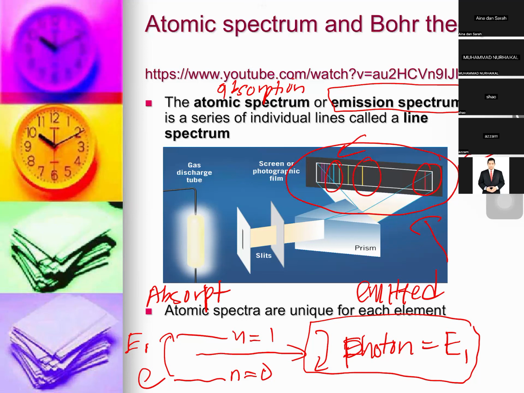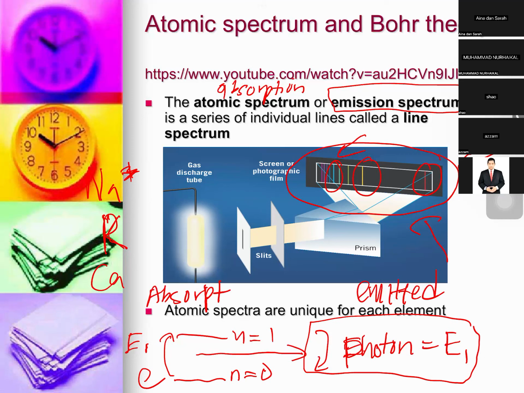So why is this important? Because these lines are unique to each element. For example, if you have sodium, potassium, calcium, each of these will have a unique absorption or emission spectrum of its own.